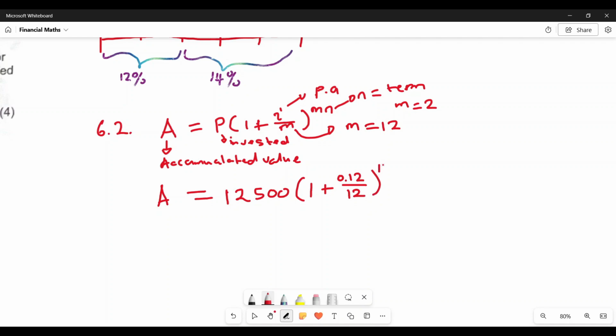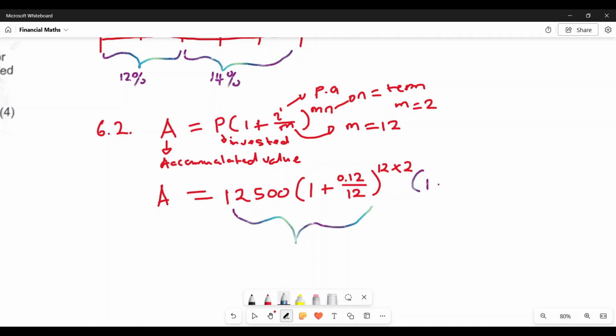And then we'll have that 12 here, we'll multiply it by 2 because it's the first 2 years. And then this whole amount, after earning interest, will still be accumulated for another 3 years because this whole investment is for 5 years.